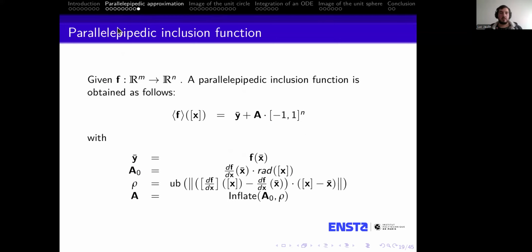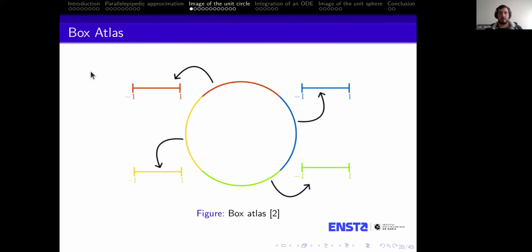If we take first a small example, if we want to be able to enclose the unit circle, the idea is that we can use 4 maps to describe the unit circle. So we will first work on the red one, the first map.